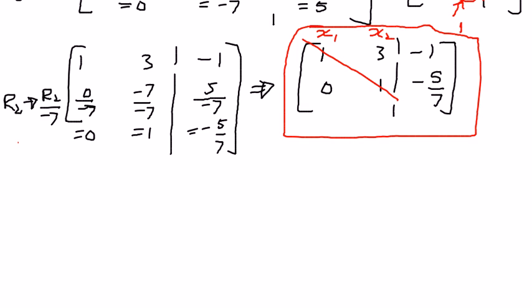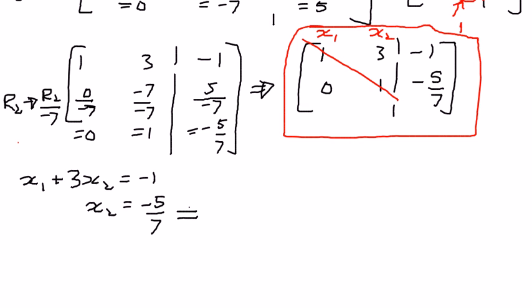So therefore we can write this as x1 plus 3x2 is equal to negative 1, and 0x1 plus x2, I don't need to write the x1 then, x2 is equal to negative 5 over 7.